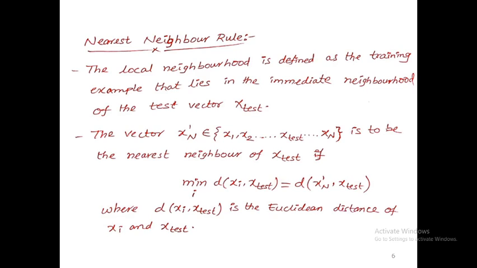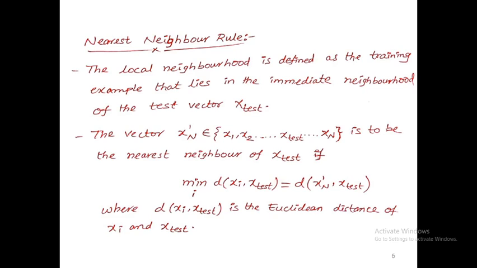But if you don't find that x test, what is near that x test? Let us take that xn dash is near to the x test. To find out that x test, you should find out that xn dash, which is near to that x test. That's why we are assuming that xn dash belongs to this set of 1 to n samples, and in that, x test is also one of the values.